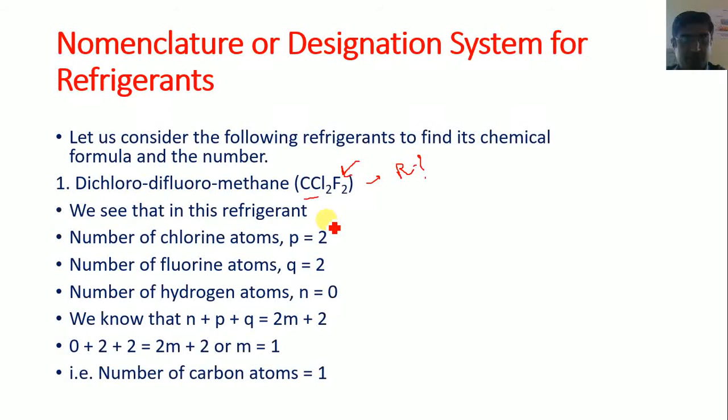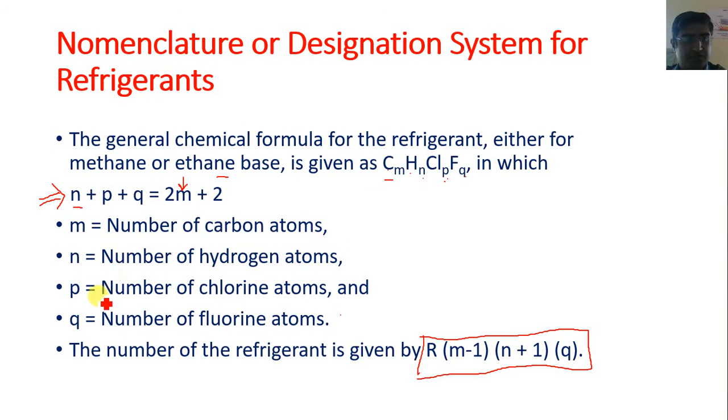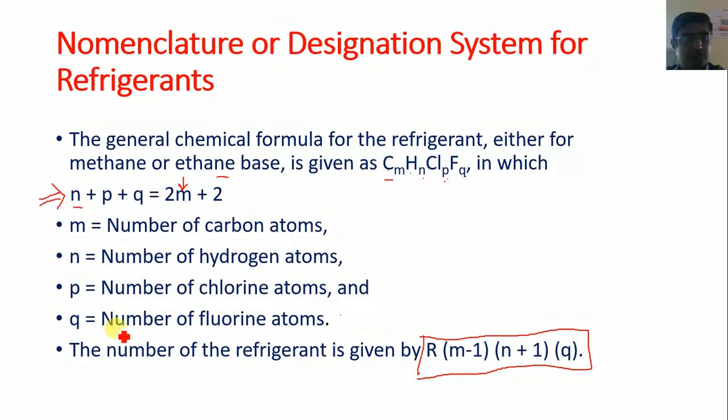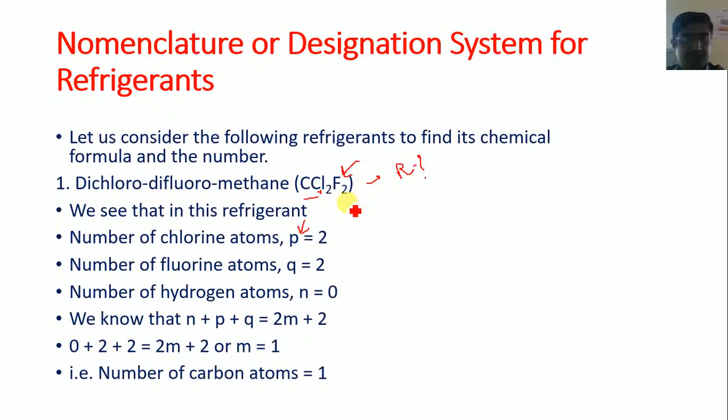P is the number of chlorine atoms, and in this case the number of chlorine atoms is 2, so the value of p is 2. Q is the number of fluorine atoms, and in this case the number of fluorine atoms is 2, so the value of q also becomes 2.